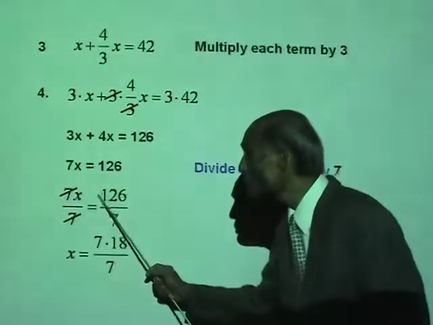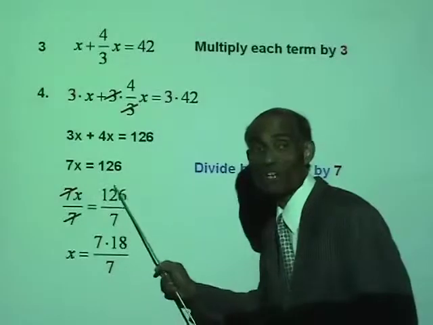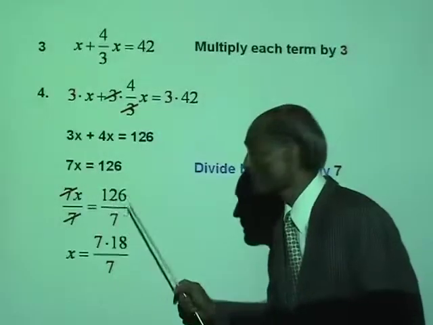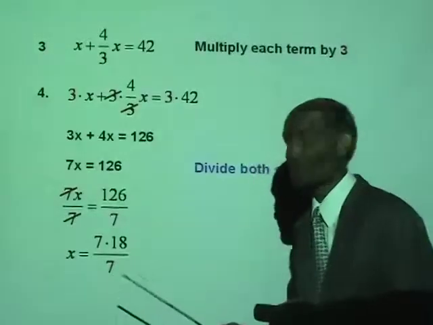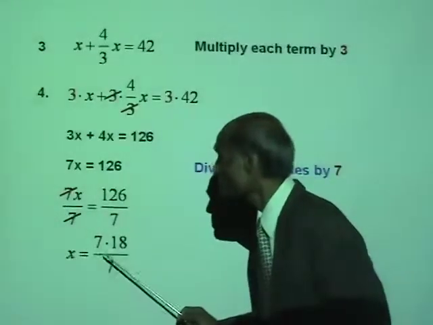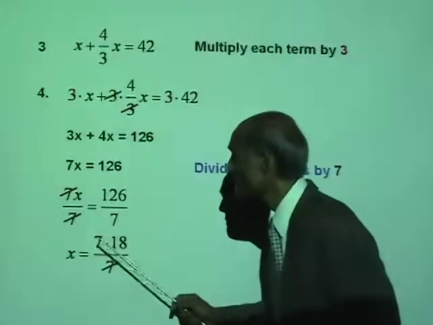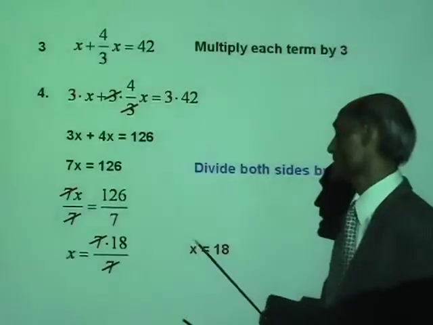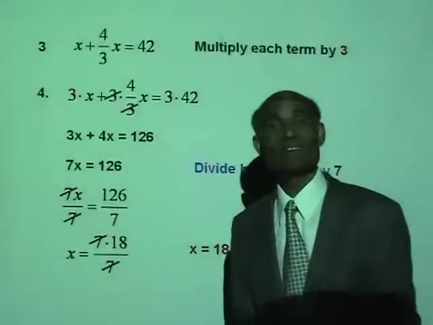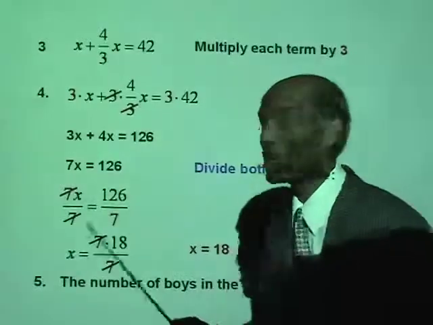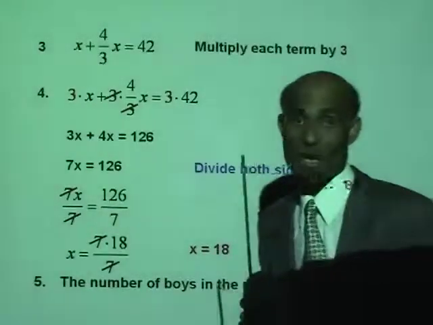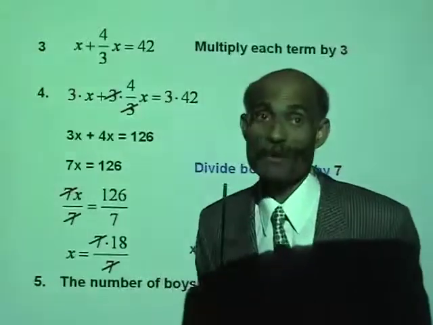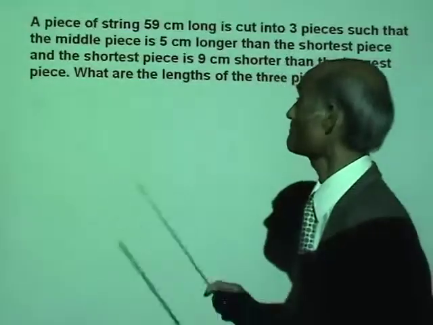I'm going to ask you to do this factoring on your own. 7 times 18 is 126. Alright, so x equal to 126 divided by 7, and we get x equal to 18. The number of boys in the class is 18. Okay, that was a good problem. I want you to practice doing that.